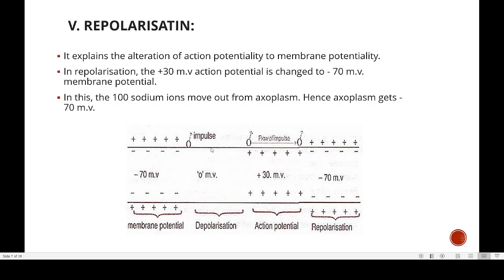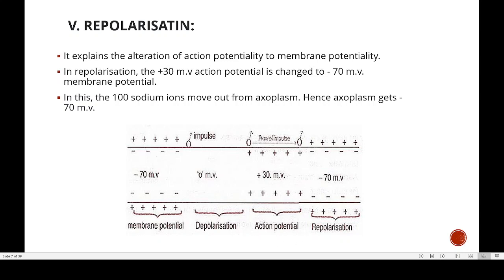And during an impulse, the first 70 sodium ions will be entering into the cytoplasm, then the charge becomes 0. When another 30 sodium ions are entering again, the overall charge becomes positive, that is plus 30. And that situation is what we mean by the name action potential.